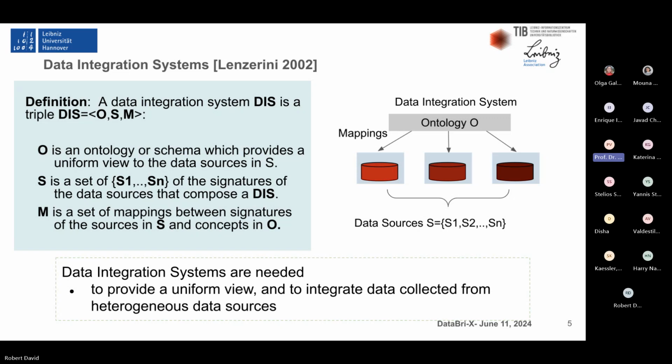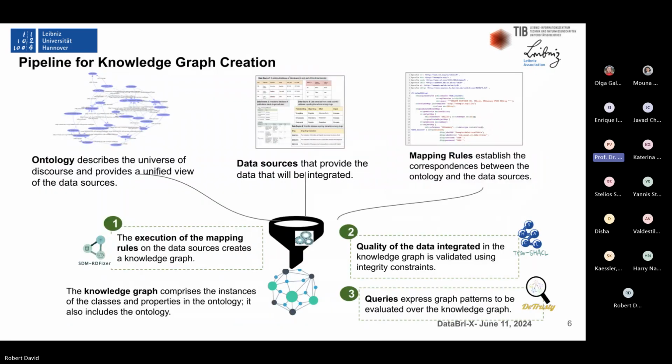Regarding the tools that are part of my group or have been developed in the context of my group, what we have are ontologies, data sources, and mappings. On one hand, we have the SDM-RDFizer, which executes the mappings on the data sources in order to populate the ontology.